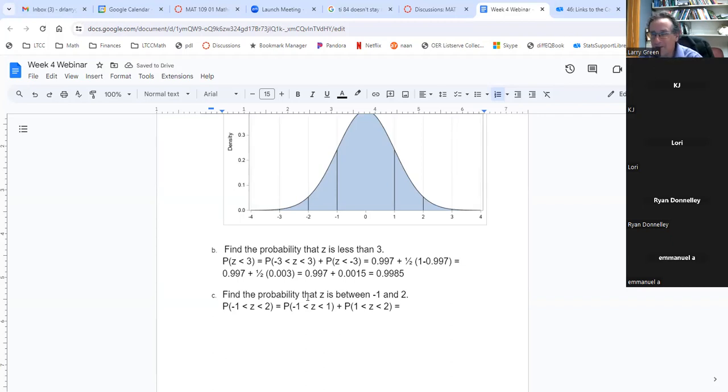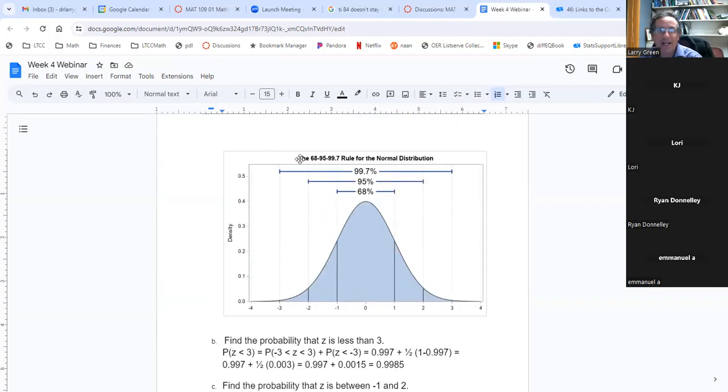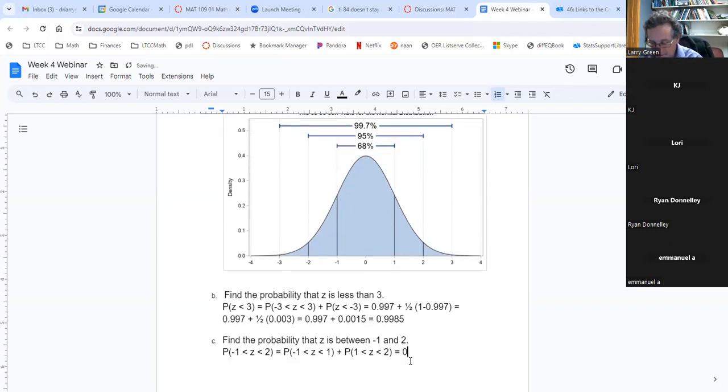Yeah, so -1 to 1, from the empirical rule, is 68% or 0.68. And then we're going to add, now we want the probability between 1 and 2. So the idea is we know between -2 and 2, we know between -1 and 1, and if I take between -2 and 2 and subtract between -1 and 1, I'm going to get these two pieces, -2 to -1 and 1 to 2.